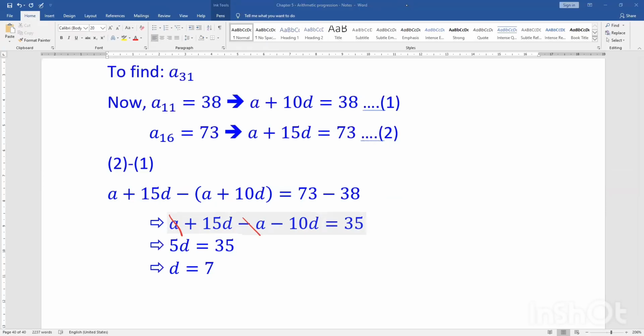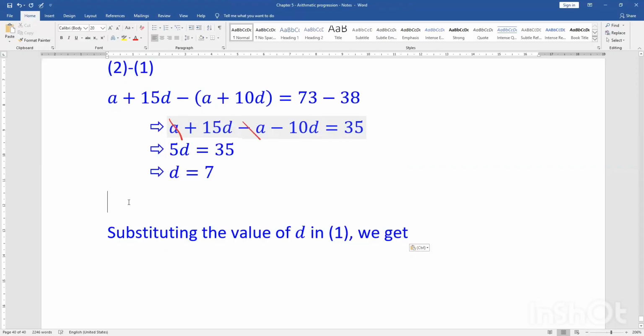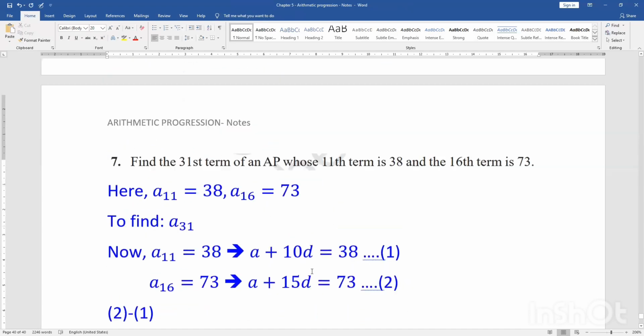Okay. Now I'm going to substitute the value of D in equation 1. Let us do that. Substituting the value of D in 1, we get: what is equation 1?